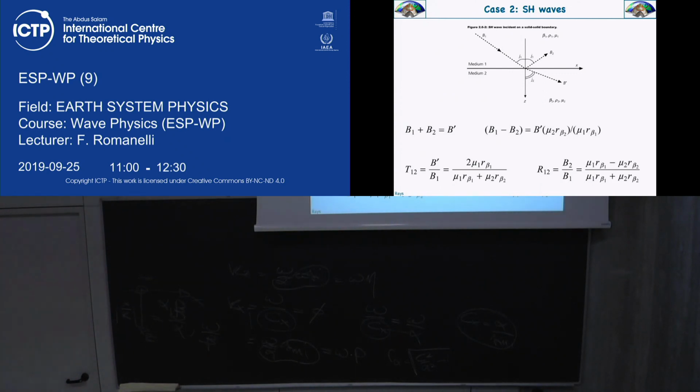Now let me ask you, what are the angles here? They should include also Snell's law. The reflected one will have the same angle, but the refracted one, the angle could be larger or smaller. Where are the angles here? In the R betas.